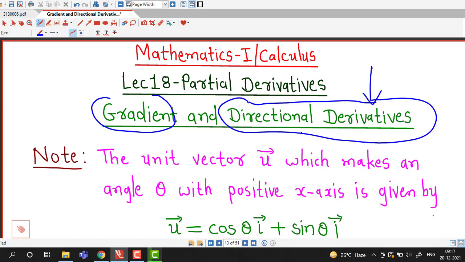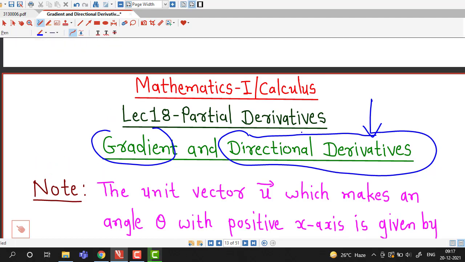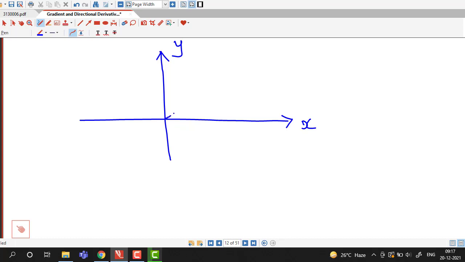Before going to today's problem, we recall one thing that we will require. Suppose we consider this xy plane, this is the x axis, this is the y axis, and suppose this vector u bar has components x, y, or xi plus yj, and suppose the angle made by this vector with the positive x axis is theta.